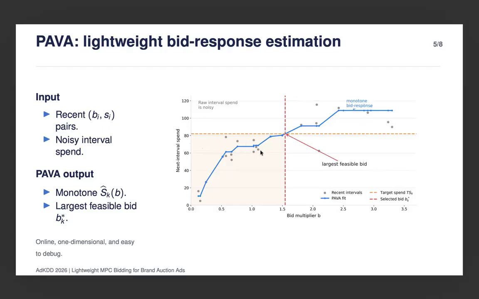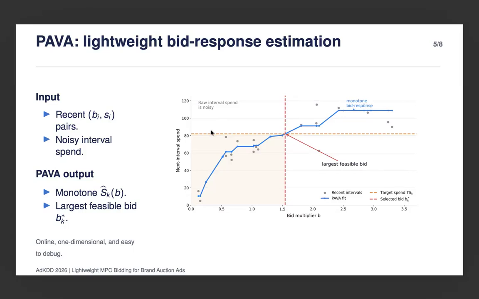But for a locally stable auction population, a higher bid can only expand the set of auctions we can win. So expected spend should not decrease. PAVA, the pool adjacent violators algorithm, merges the violations to produce the blue monotone fit.